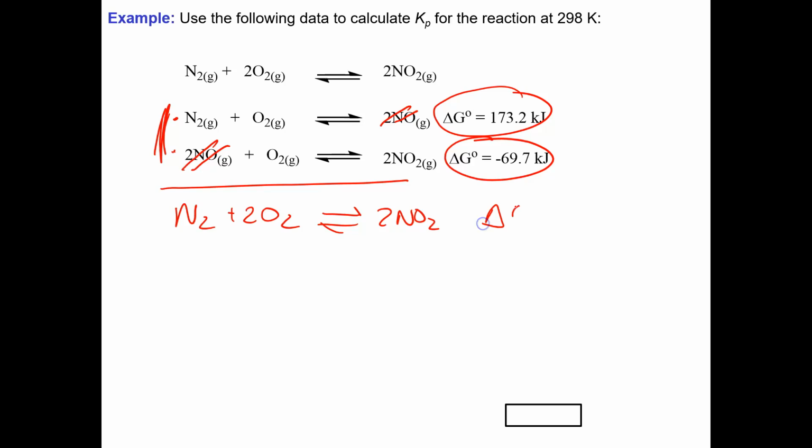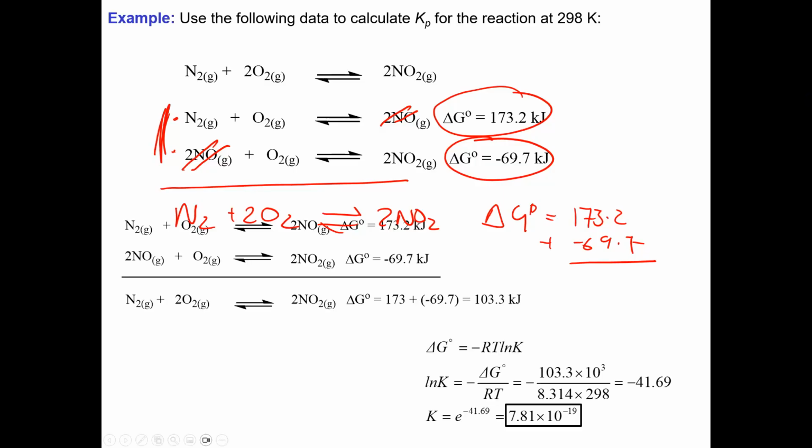Now, the delta G for this is simply going to be the sum of my two delta G's for my two reactions. So we can put that into our calculator, and we get 103.3. So now we know the delta G for our reaction.